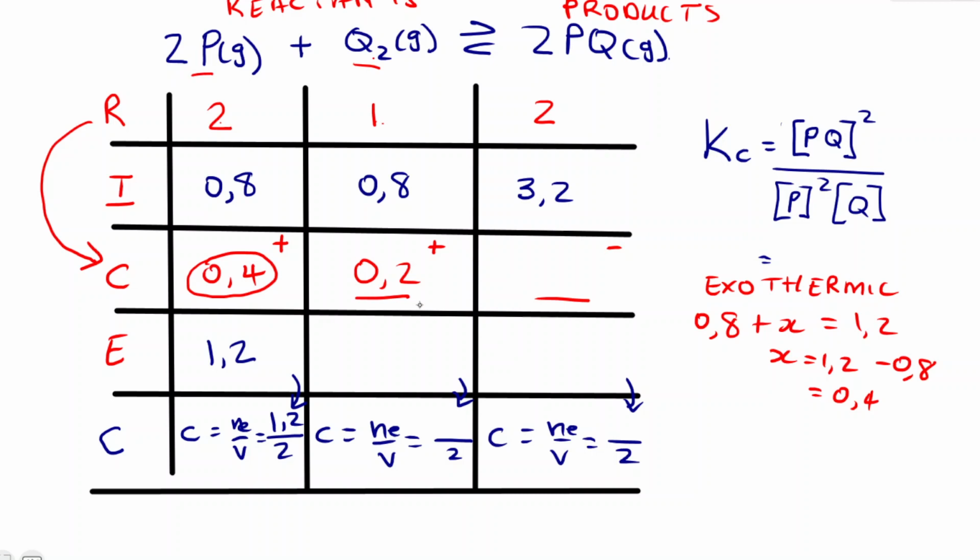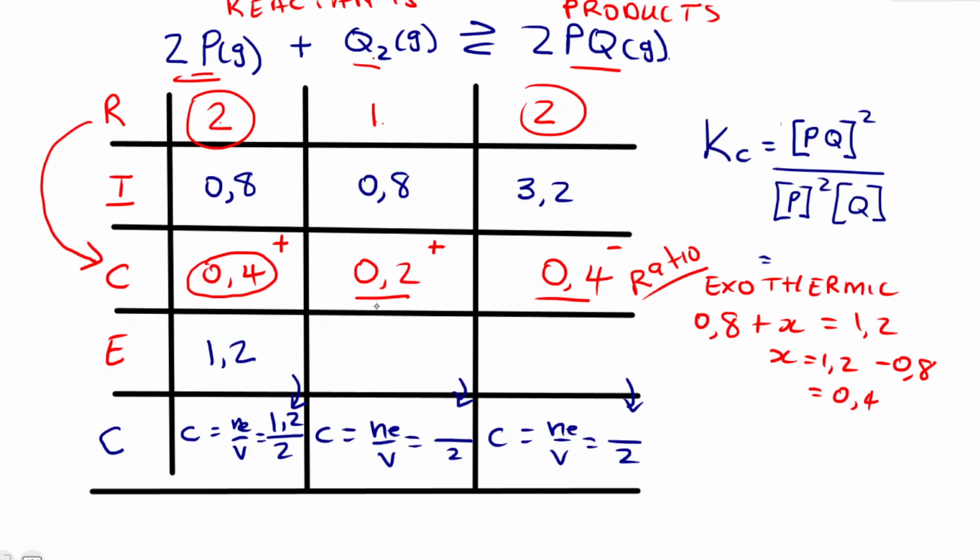So we only use the ratio to find the other substances for the consumed row. So we find now that 0.8 plus 0.4 is 1.2. Now 0.8 plus 0.2 will give us 1, or 1.0 if you like.